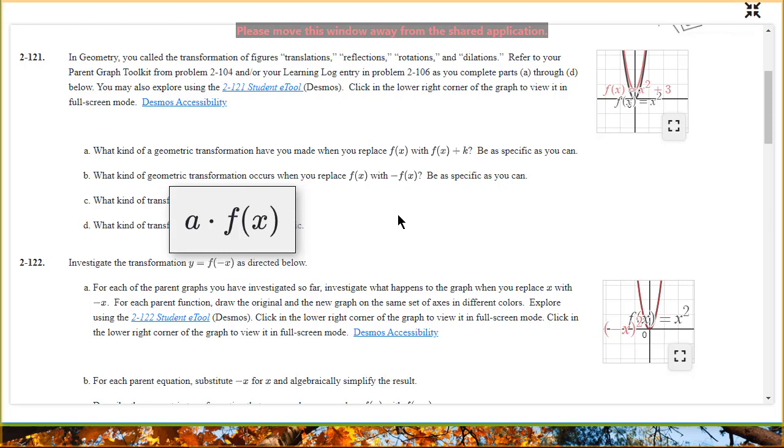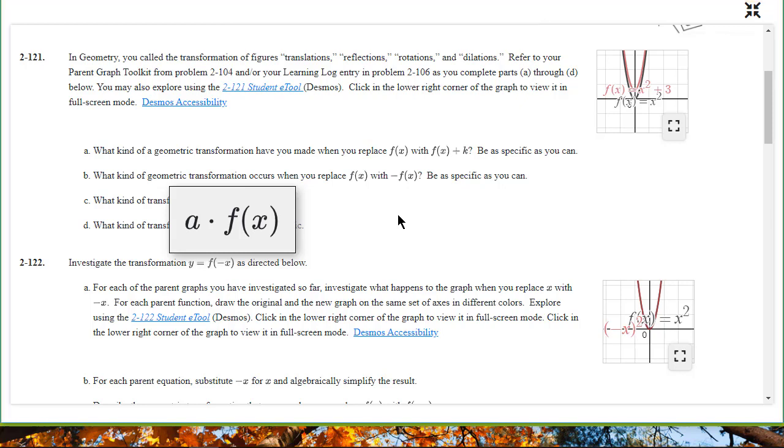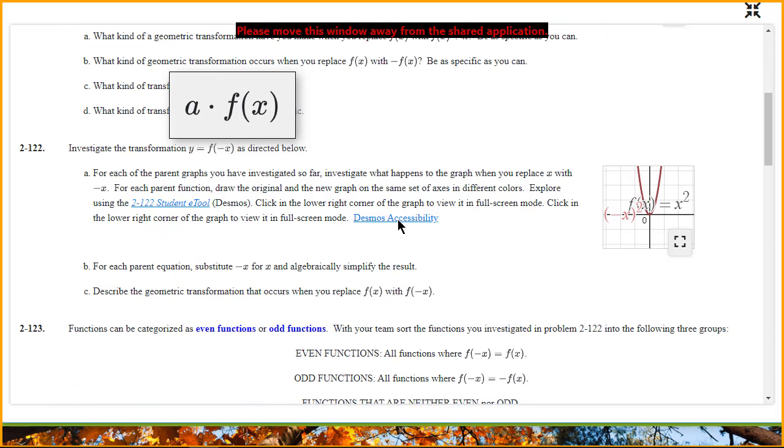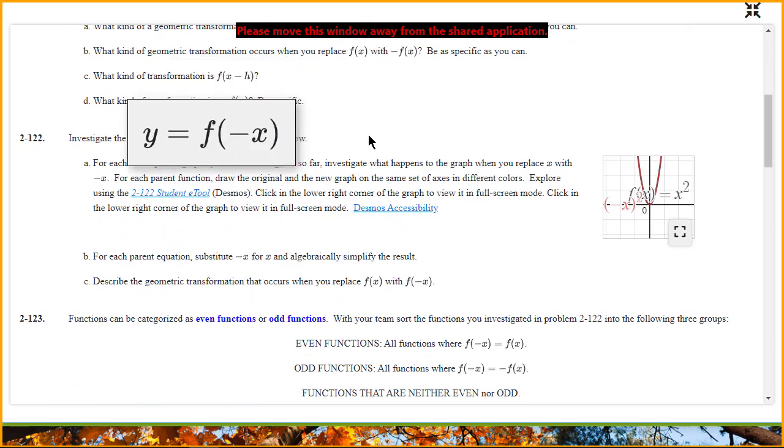If it was between 0 and 1, you got there slower, so it compressed it, so it took you longer to get there. So we've talked about left and right, up and down, flipping it over the x-axis, and stretching and compressing.